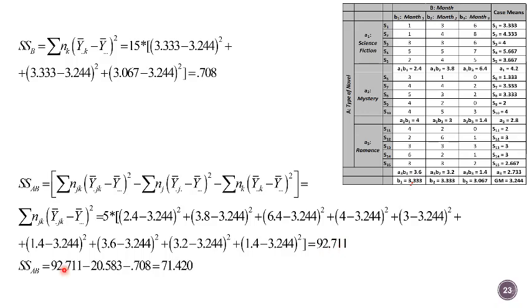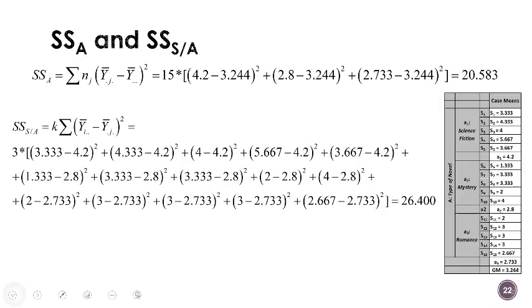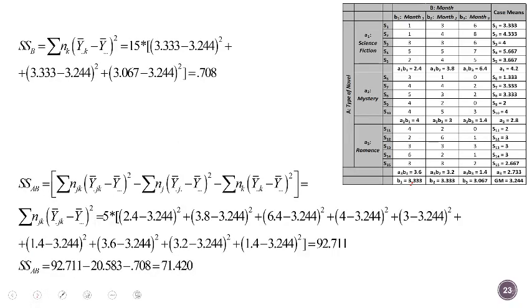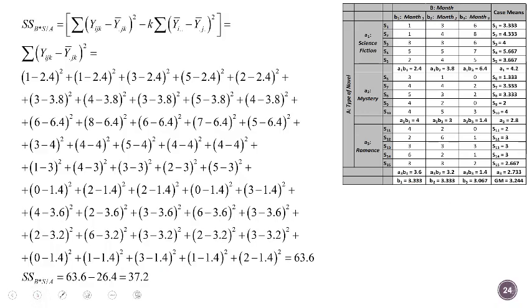I'm going to take that, subtract out the sum of squares for A, which is the 20.583 number, and the sum of squares for B, this 0.78 number. Subtract both those out, and what's left then is my interaction. For B by S within A, I'm going to take each individual score.